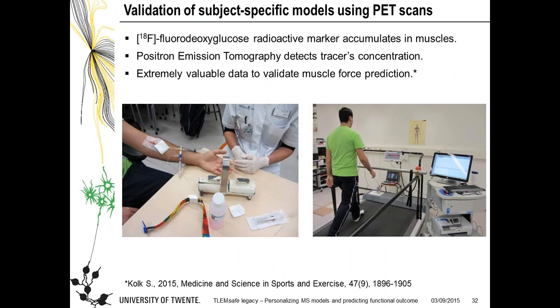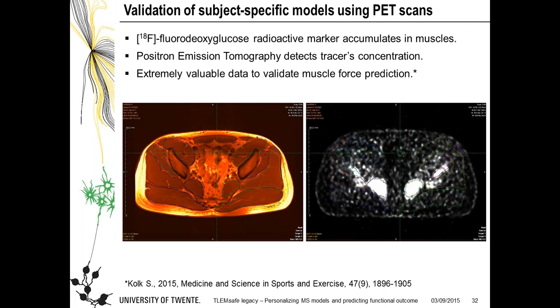An innovative technique to validate musculoskeletal model predictions was to determine the energy consumption of the muscles of the lower extremity during walking using PET scans. A radioactive marker injected into the subjects accumulated in muscles during walking. Then, a PET scan was used to detect its concentration in the subject muscles.